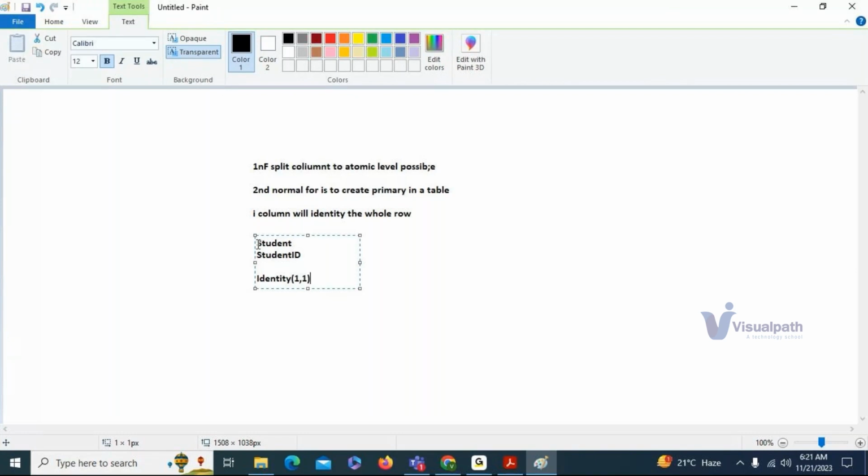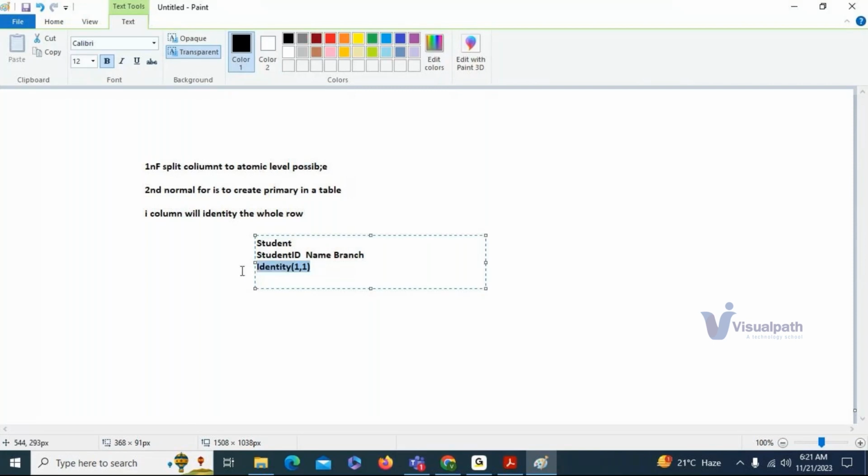When you say identity 1 comma 1, whenever you insert other information related to the student, like student name, branch, you don't insert a student ID, it will be inserted by itself, like 1, 2, 3, 4. Whenever you insert any new row, it will increment the values and then insert the data.